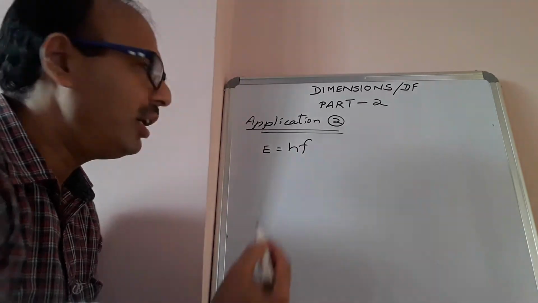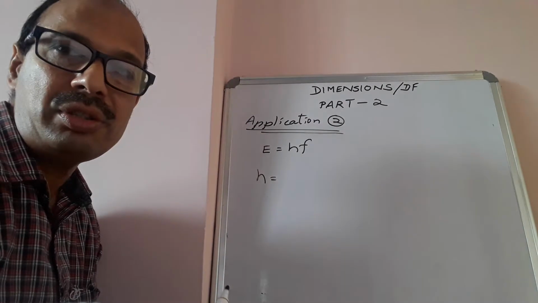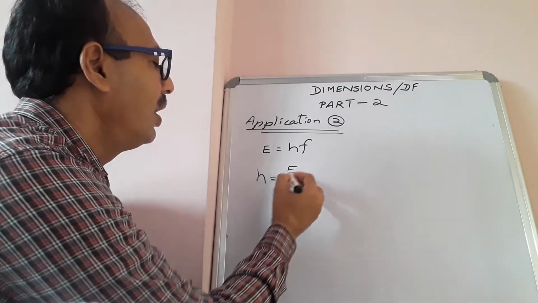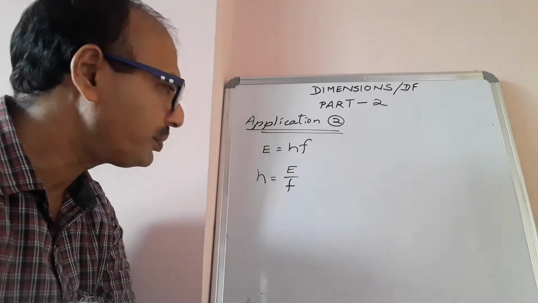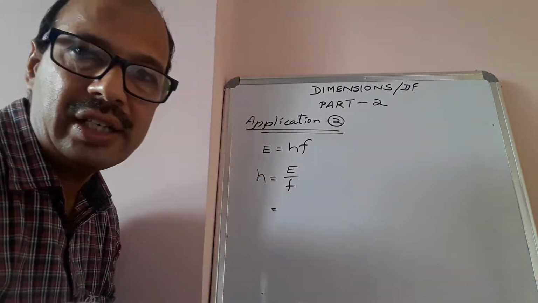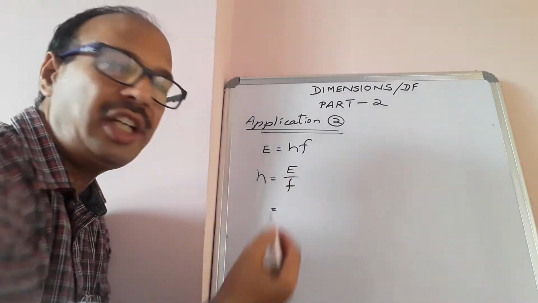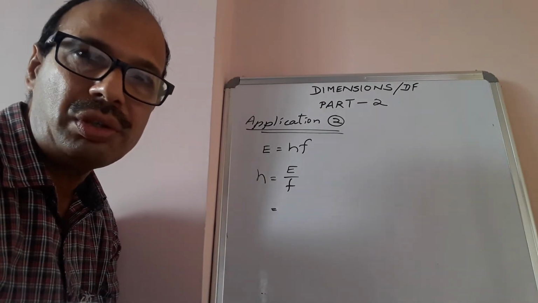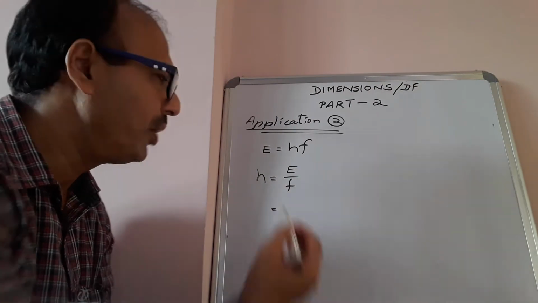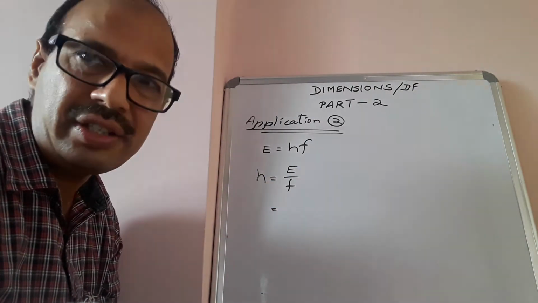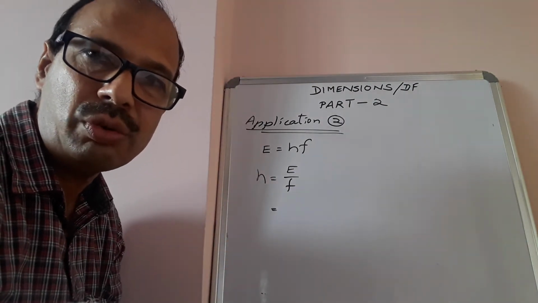Now, here h is the Planck's constant, and if you want to find the dimensions of that, h is equal to E by f, where E is energy, f is frequency. If you write the dimensional formula of energy and frequency: energy is nothing but work, and work is force into distance.